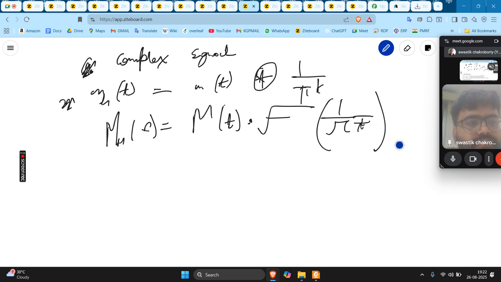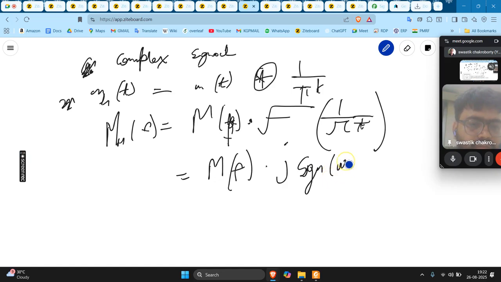Now, what is the Fourier transform of 1 by pi t? It is minus j signum omega, or minus j signum 2 pi f. Here signum 2 pi f is basically plus 1 or minus 1.